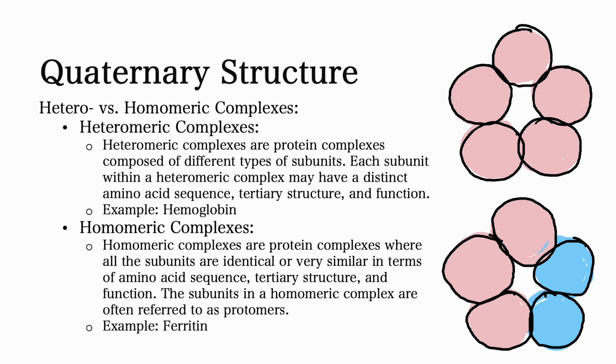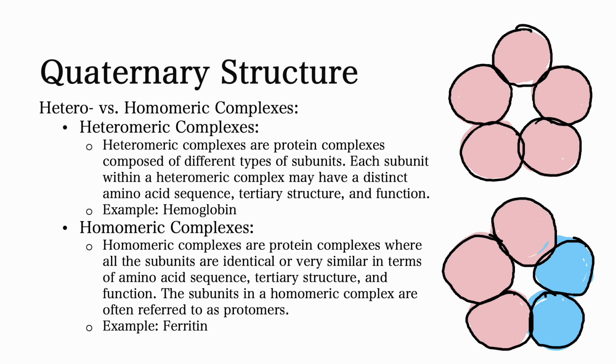Quaternary structures of proteins can be one of two types: heteromeric complexes and homomeric complexes. In heteromeric complexes, the subunits are different from each other. Each subunit within the heteromeric complex may have different amino acid sequences, tertiary structures, and functions.